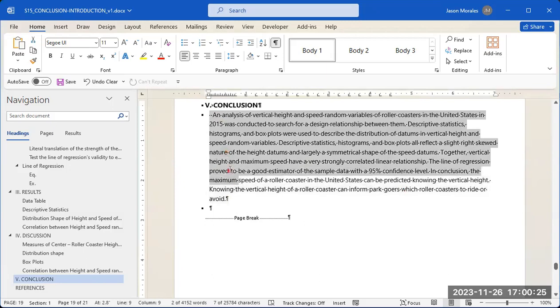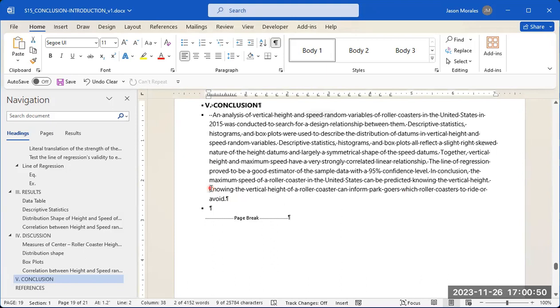So it's usually a little bit easier to write the conclusion first. And then after you write your conclusion, you can write your introduction. Now, I was trying to find a reason to wonder why height and speed would be of any interest to anyone.